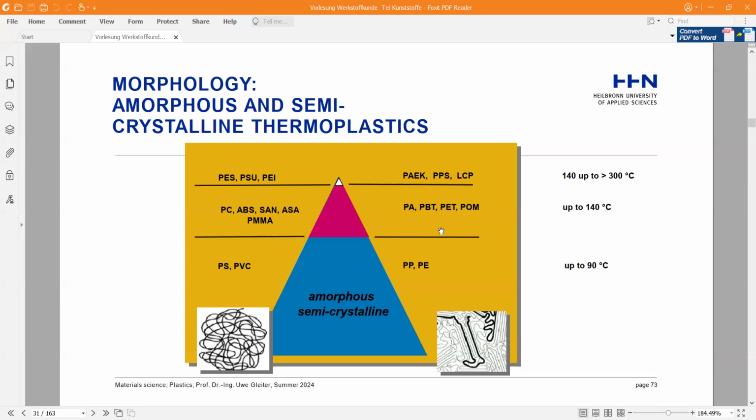In the semi-crystalline group, the highest temperature is PEEK, LCP, PA, PBT, PET, which is used for bottles, polypropylene, for instance, for flower pots, and polyethylene for bags is the lowest temperature.